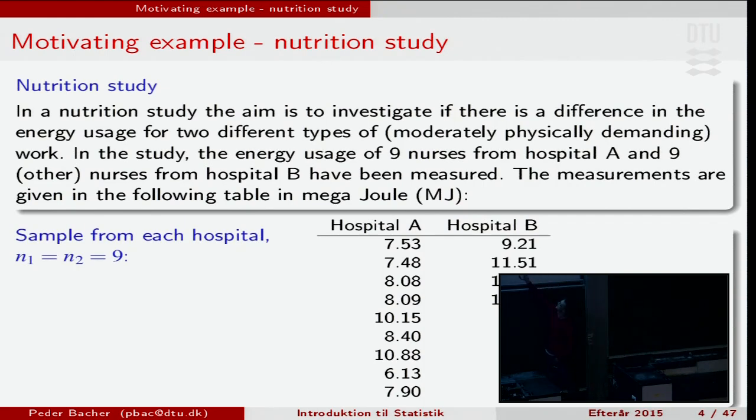Last time you had just one sample, but now we have two samples from two different groups. We measure the same thing, and they also have to be independent. Later in the course, we'll come back to independence and what that is about. But now we have these two, and we want to compare them.